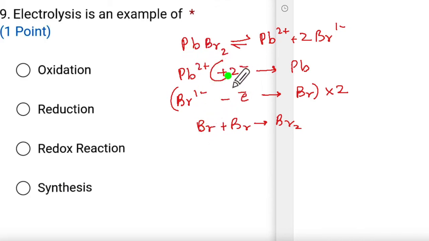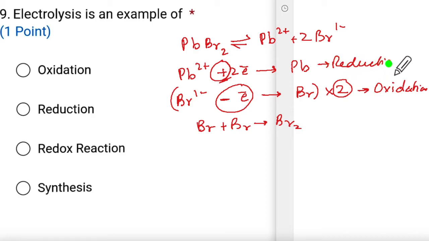Now, can you see over here, 2 electrons are gained, and here 2 multiplied by this, 2 electrons are lost. So this is where oxidation has taken place, and this is gain of electrons. Because of this plus sign, this is going to be reduction. Now remember, bromine ion loses electrons and lead ion gains those electrons.